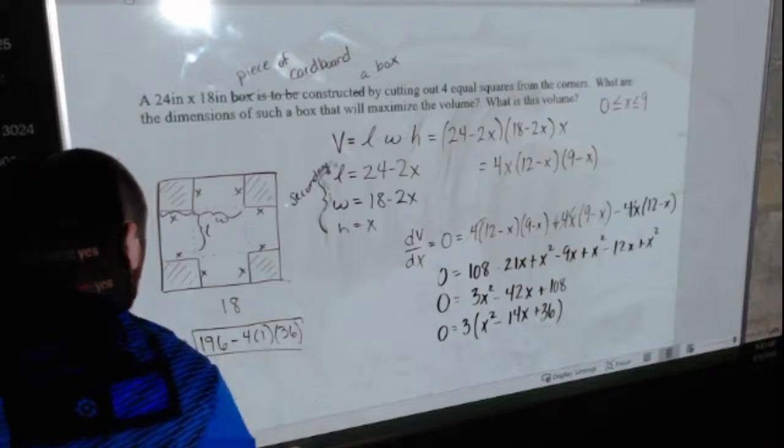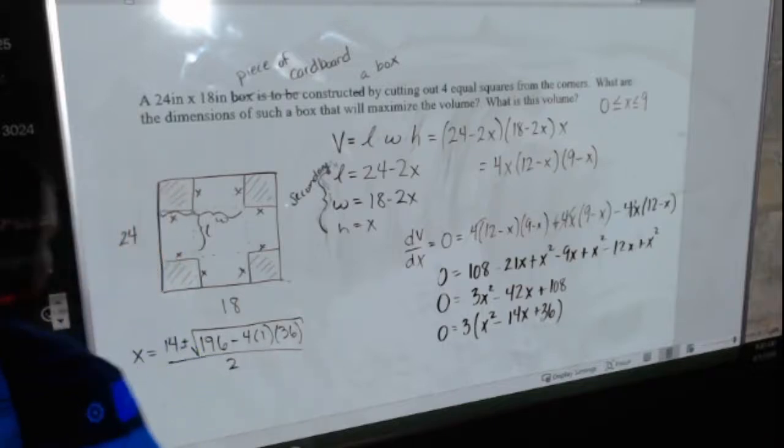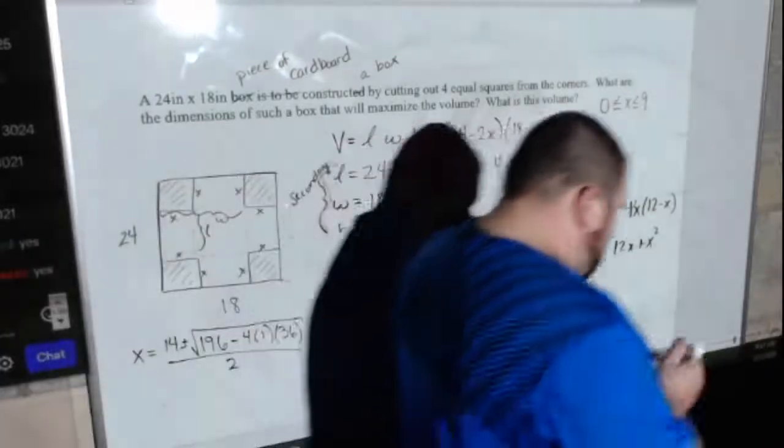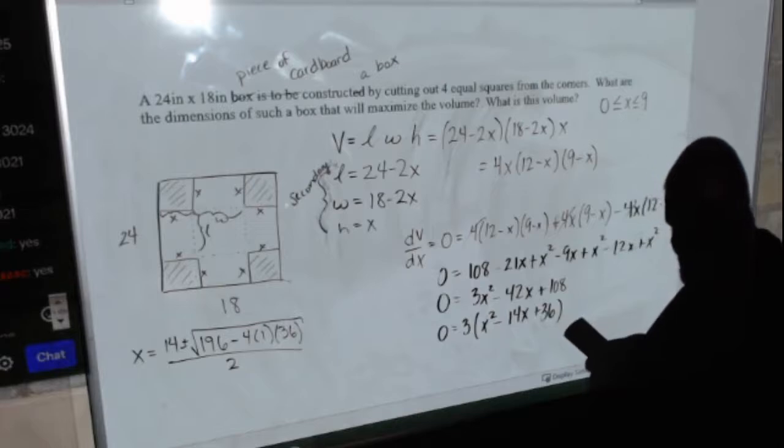That's going to be 144, all over 2 times 1, or 2. So let me check that. Yep, 144.